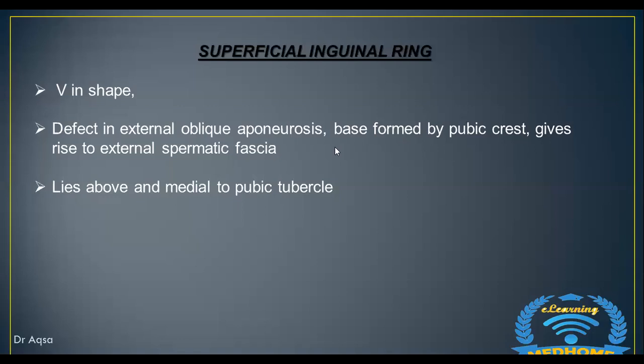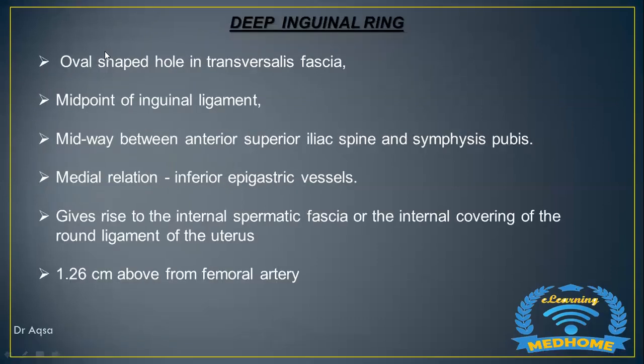So if you can hear me, the superficial inguinal ring is V in shape, while the deep inguinal ring is oval in shape. The superficial inguinal ring is formed as a defect in the external oblique muscle aponeurosis, while the deep inguinal ring is a defect in the fascia transversalis.